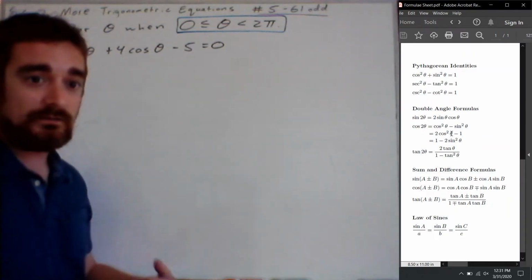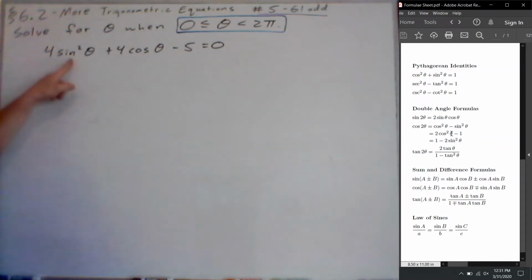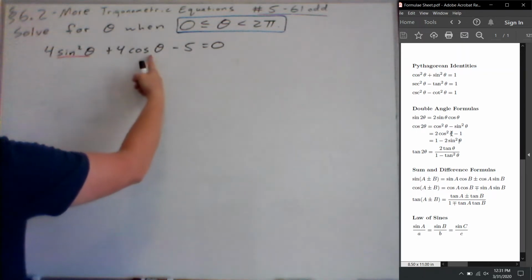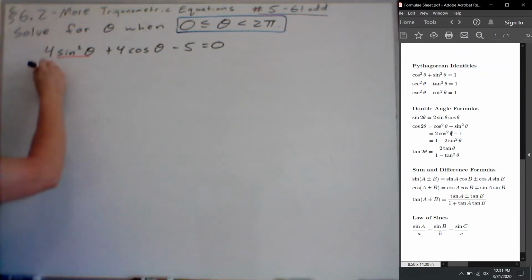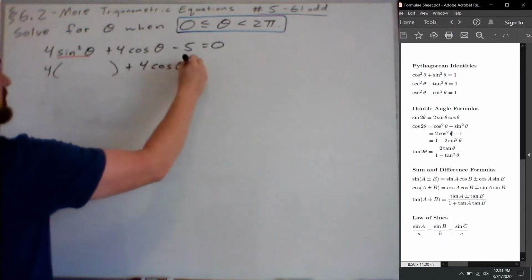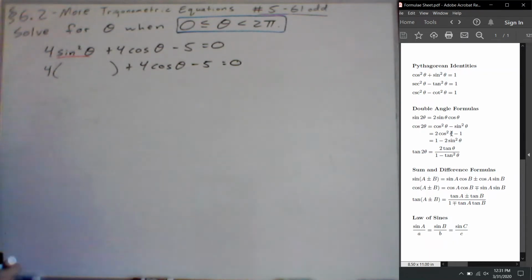We don't need to jump into the factoring because it's not going to lead us anywhere. What we need to do is rewrite this sine squared as something involving cosine of theta. So don't worry so much about the 4 in front of the sine squared of theta. What you want to do is jump to your really old Pythagorean identity.